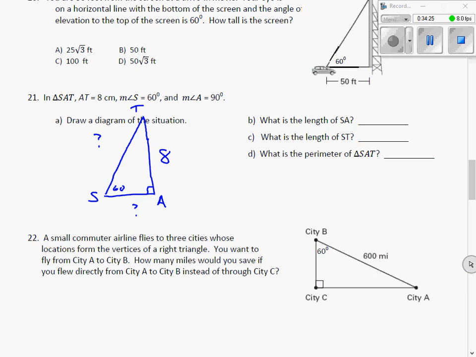So this is going to be a 30, 60, 90. This is my short leg. This is my long leg. This is the hypotenuse. So if I want the short leg, I take the long leg divided by the square root of 3. So short leg is going to be 8 over square root of 3. Or rationalized, you would get 8 root 3 over 3. Or as a decimal, what would you get?